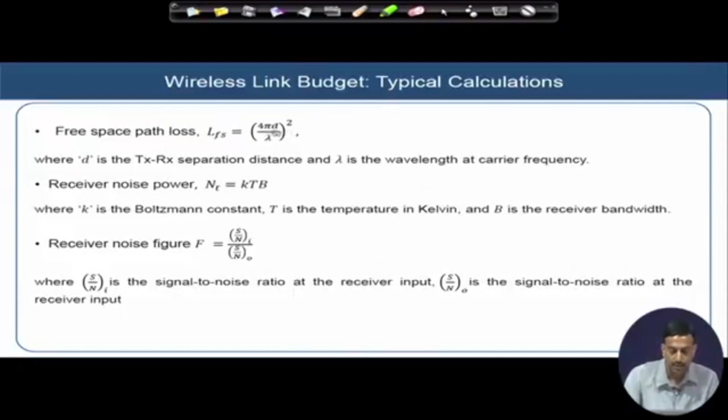It is a function of the separation distance D between the transmitter and the receiver, and it is directly proportional. So basically it means the larger the distance, the more the propagation loss. This is inherent to any signal propagation phenomena. It is also inversely proportional to the wavelength of the signal at a given carrier frequency.